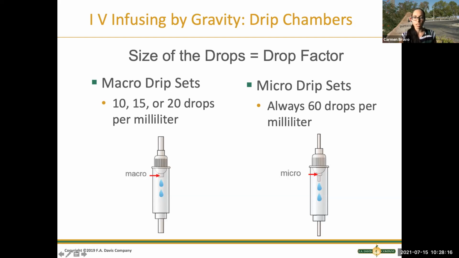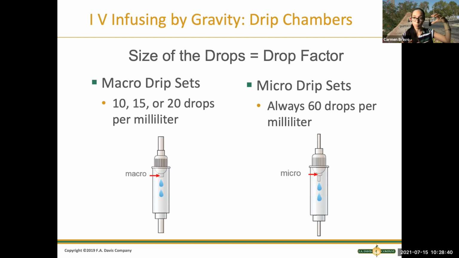Depending on the medication, there are other ones that are micro drip sets, and that means they're 60 drops per milliliter. So they're super tiny. The good thing about the micro is that it's pretty standard, 60 drops per mL. This is something you will find in the wrapping of the tubing.